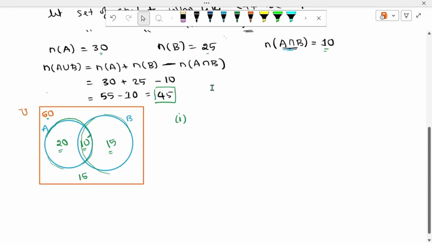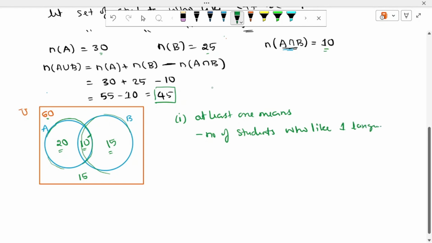Whenever you are solving this question, you need to remember: at least one means the number of students who like one language or two languages. At least one means greater than or equal to one. So it can be one language or two languages.